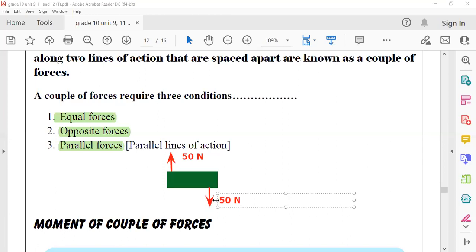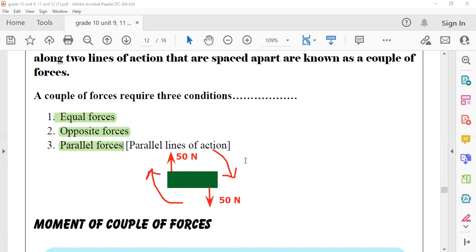Are the two forces in opposite directions? Yes, sir. And they are parallel to each other. If these three conditions are fulfilled, a couple of forces will be created. When a couple is created, it will develop a turning effect.